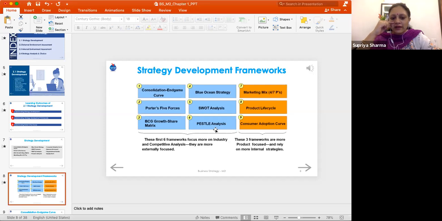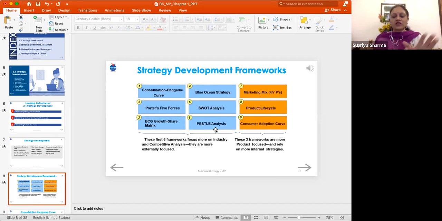These 6 of them focus more on industry and competitive analysis, and they are more used for external analysis. And marketing mix, the 4 of the 7 P's, product life cycle and consumer adoption curve. These 3 frameworks are more product focused, and they rely on more internal strategies.